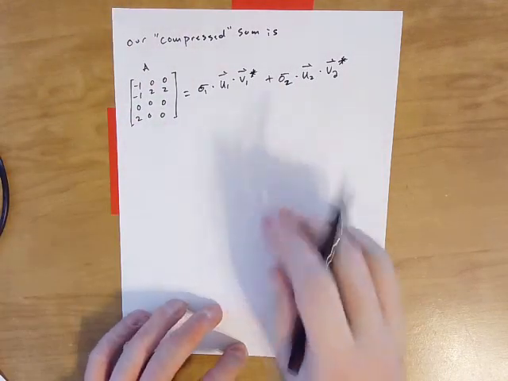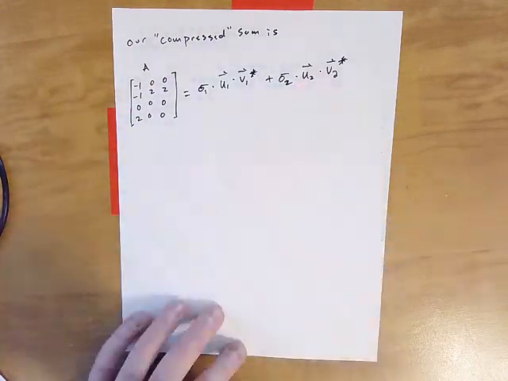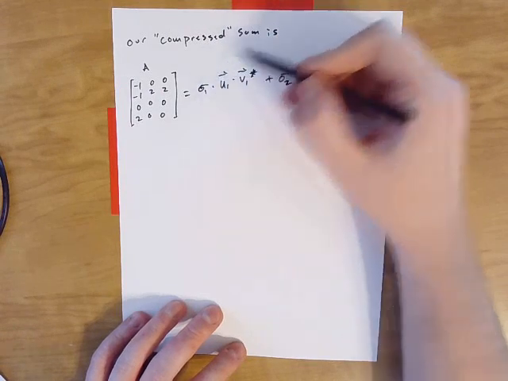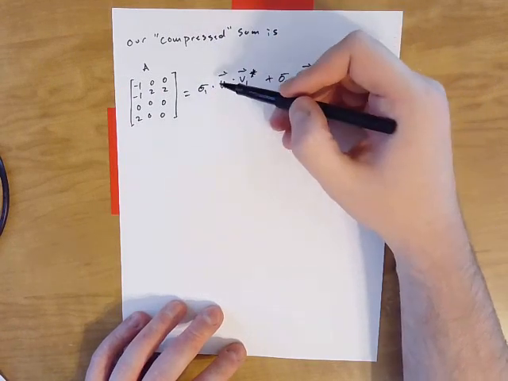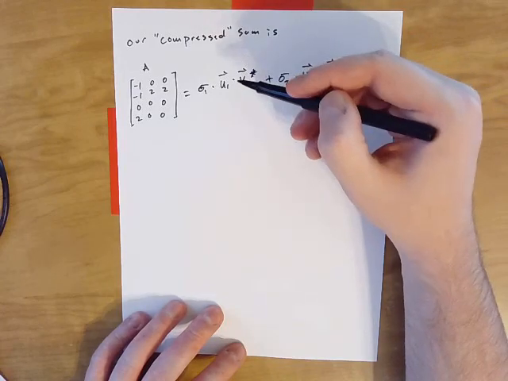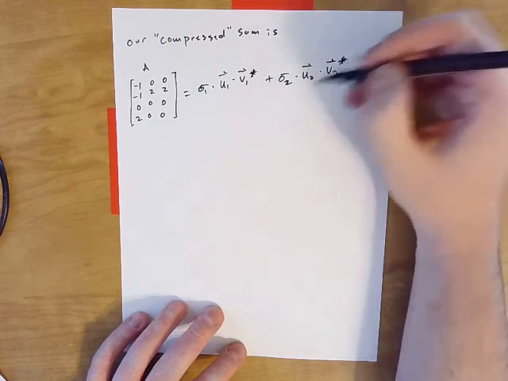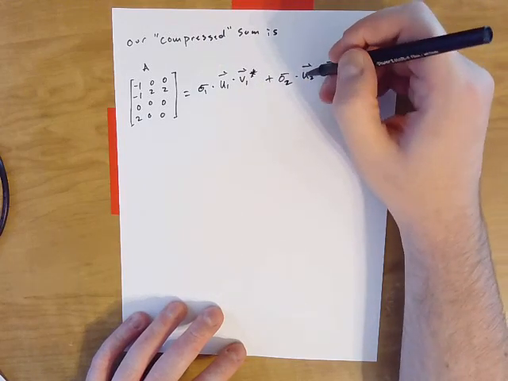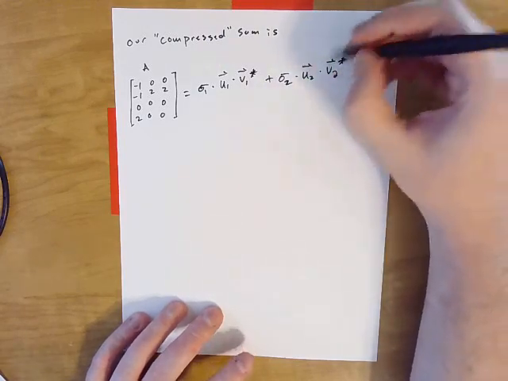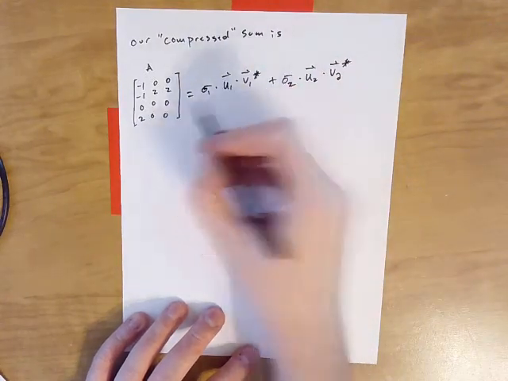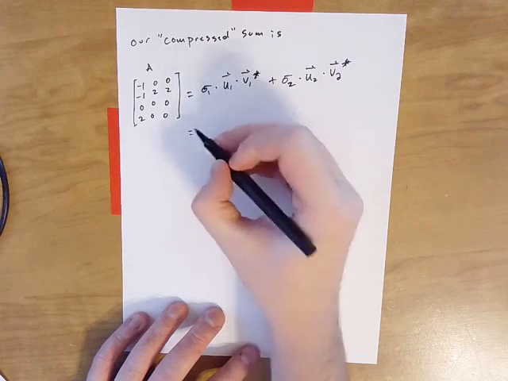So if we take the data we just wrote down, if we plug in sigma 1 equals root 10, u1 equals that vector, and then conjugate transpose v1, and then we add sigma 2 equals 2 multiplied by the second column of u, and then the conjugate transpose of the second column of v, we end up with an equality. So what does this actually look like?